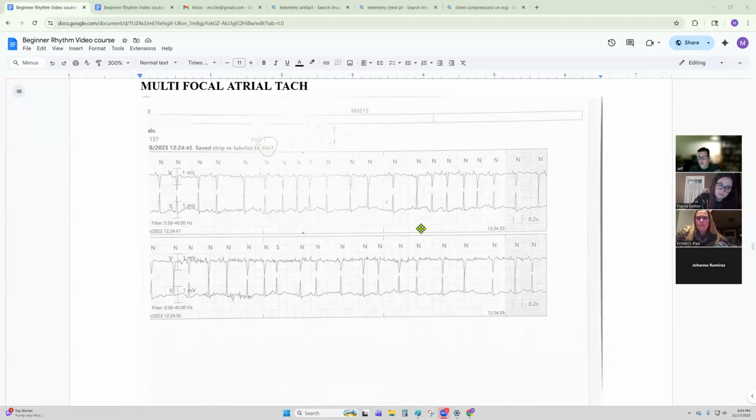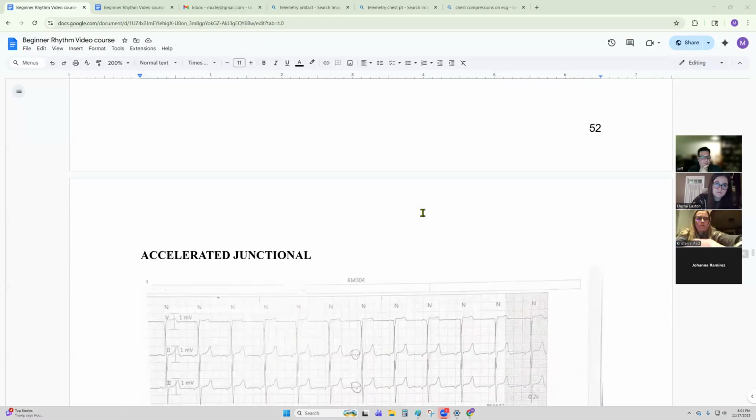So this is a lot of stuff that we already talked about, but I am getting to ventricle stuff.